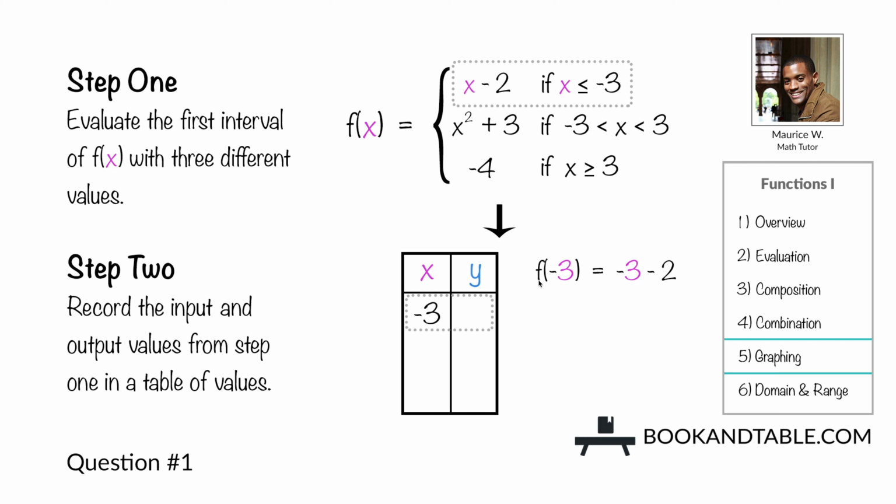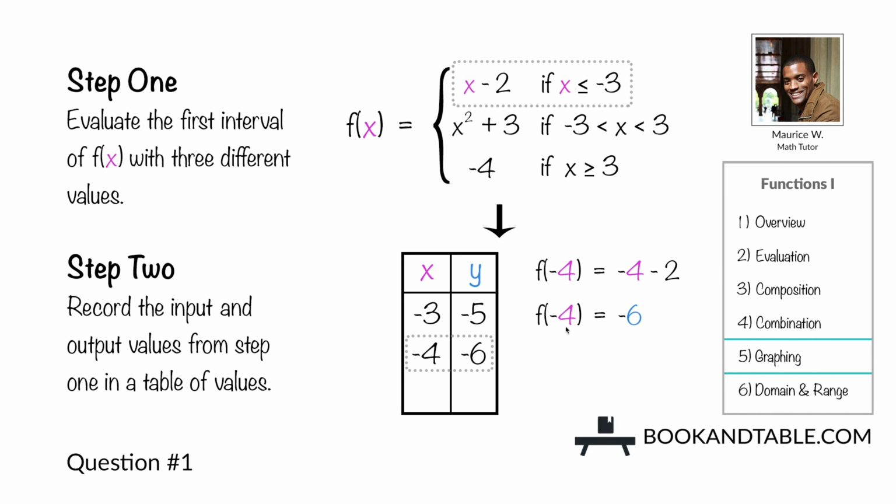So when we evaluate f of negative 3, we want to plug in negative 3 for x here. So we get f of negative 3 is equal to negative 3 minus 2, which is equal to negative 5. So the first row in this table of values is x is negative 3 and y is negative 5. We then want to evaluate f of negative 4, which would be equal to negative 4 minus 2, which is equal to negative 6.